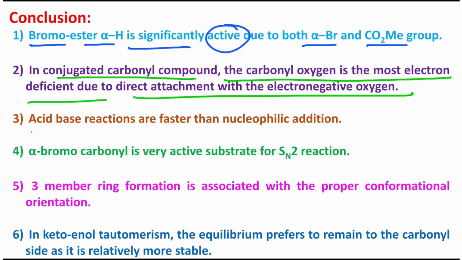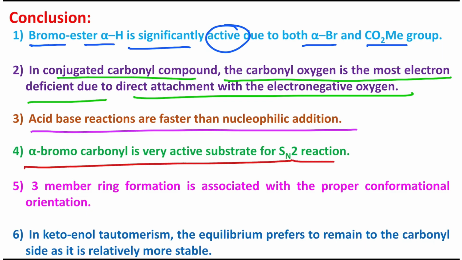And remember, acid-base reactions are the fastest compared to nucleophilic addition, and this alpha-bromocarbonyl is a very active substrate for SN2 reaction because the intermediate, this coordinated species with negative charge, is stabilized by the withdrawing effect of this carbonyl. I have already discussed this exact topic in a dedicated lecture. And remember, 3-member ring formation is associated with proper conformational orientation. That's why they form, but they have a problem because of angle strain.